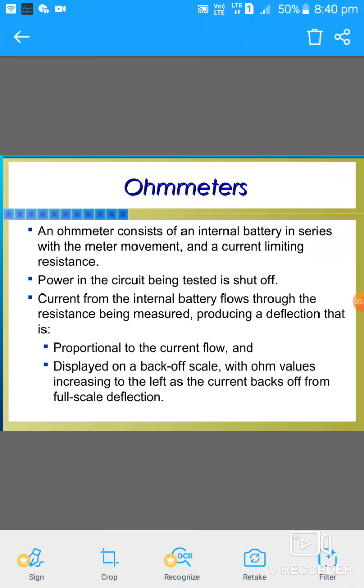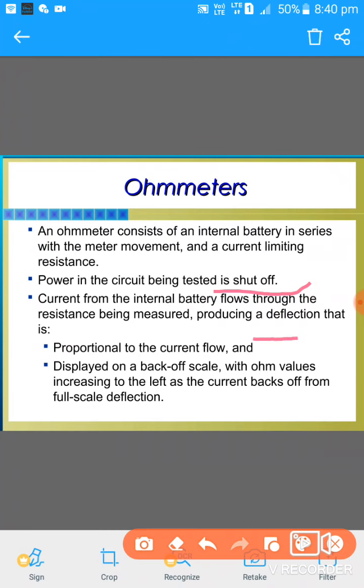An ohm meter consists of an internal battery in series with a meter movement and a current limiting resistance. Power in the circuit being tested is replaced by current from the internal battery, which flows through the resistance being measured, producing a deflection that is proportional to the current flow and displayed on a scale with ohm values.